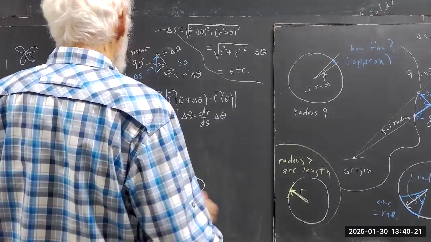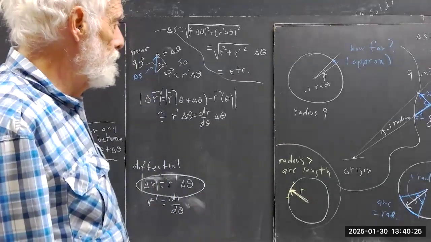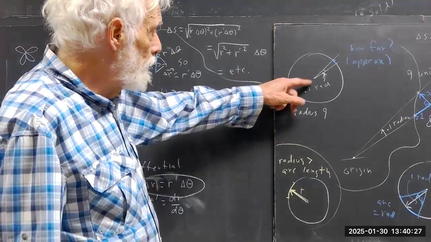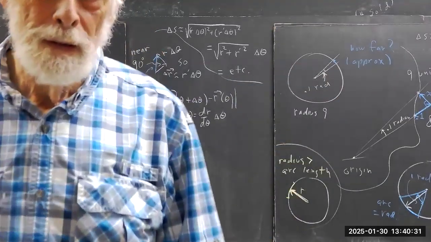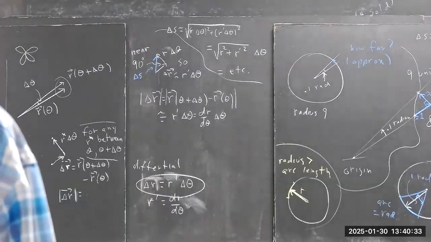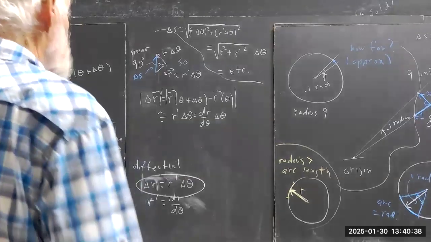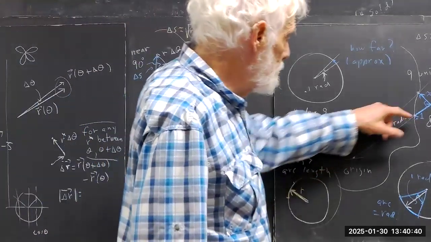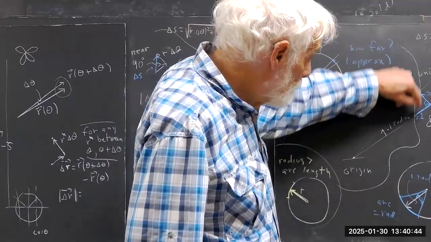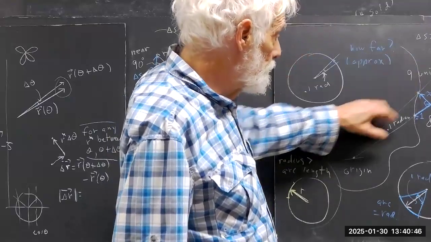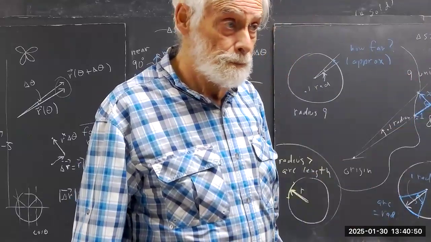Now, if you want the area, what's the area of this sector here? Well, that sector is a triangle. Okay, now like from here to here to here to here, right? From the origin to this point, back to the origin. That's the area between the origin and the curve.